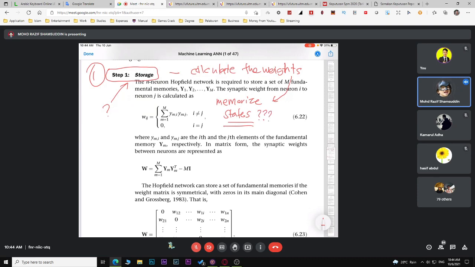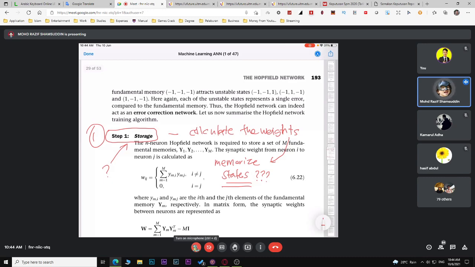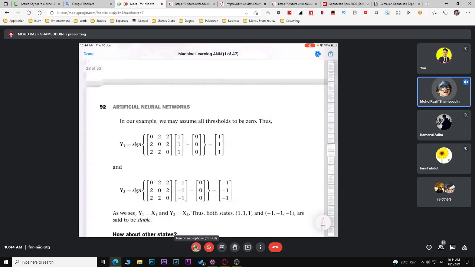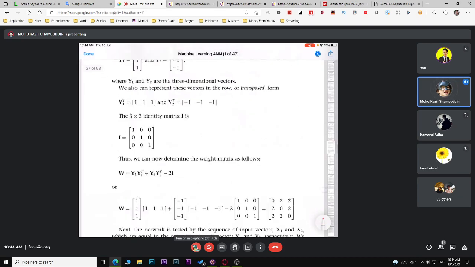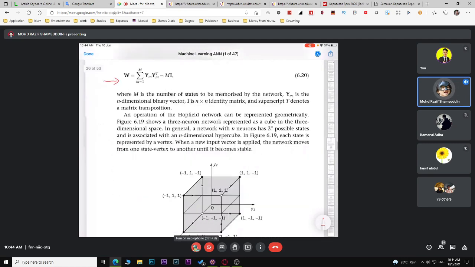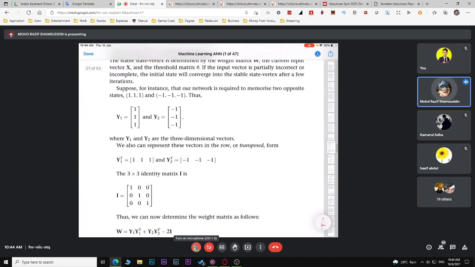Yang ni saya cakap. States are the available memory or available input that is set as a stable state. Kita panggil dia stable state. Ni this one. So this is an example of a stable state. Kita panggil stable state vertex.